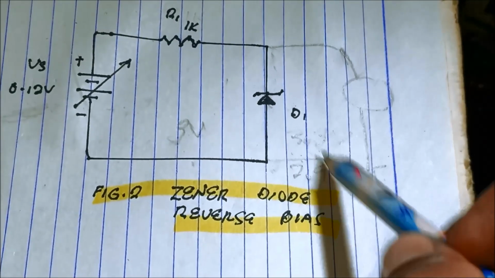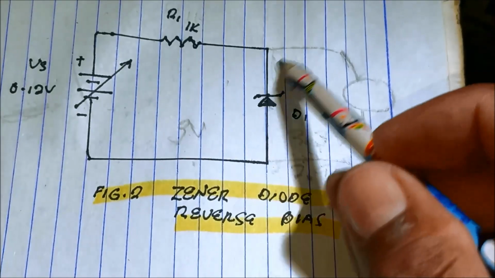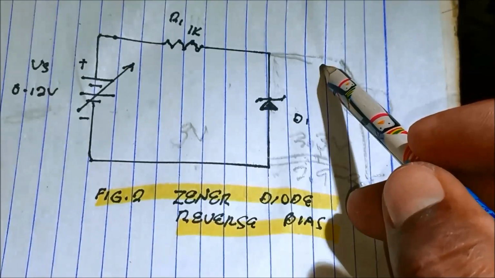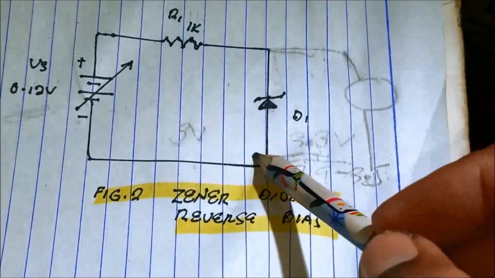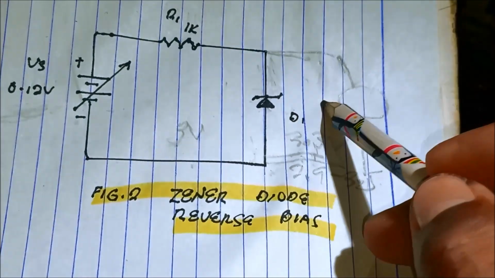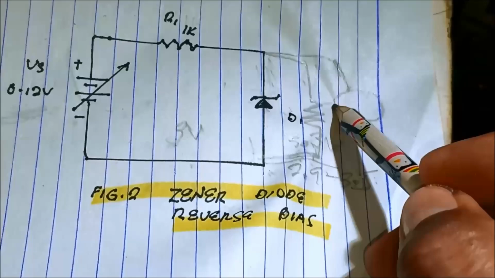That is the voltage rating of the diode. If we connect a load here in parallel, since voltage in parallel is equal, whatever the voltage at the diode is the same as the voltage of the load.